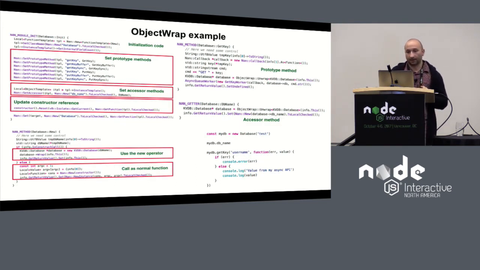Here I reported an example of usage of the ObjectWrap API, and we have an initialization code where we are creating a function.